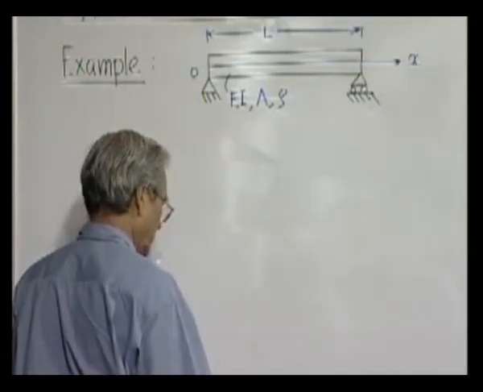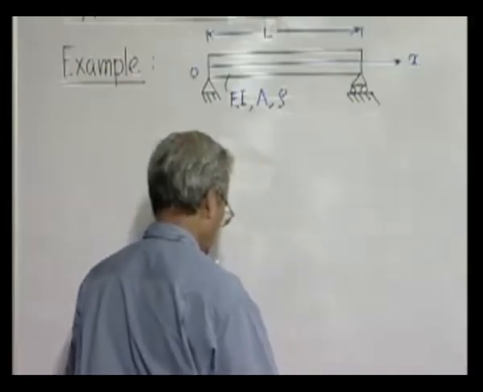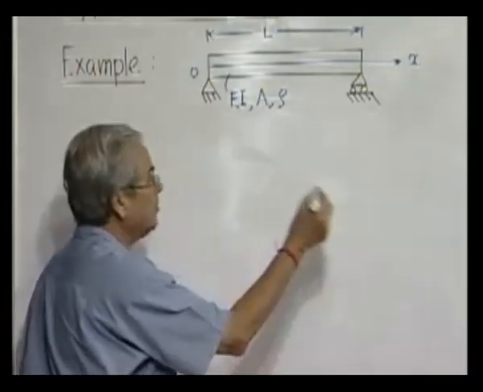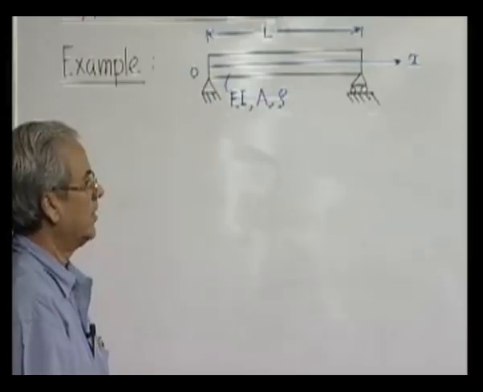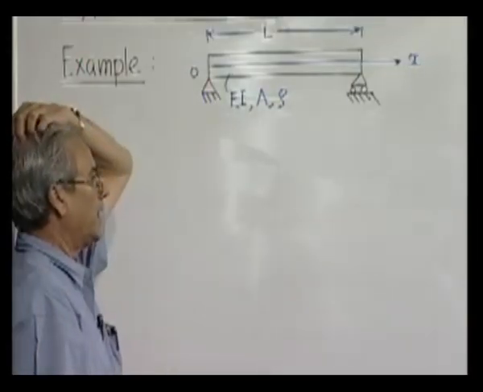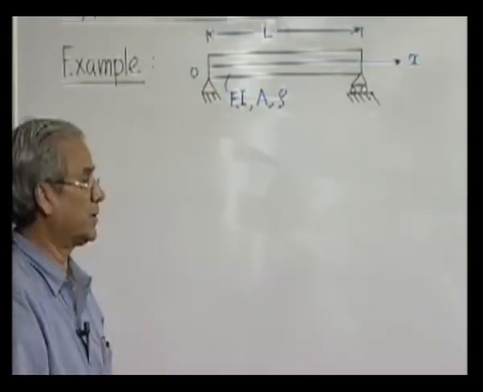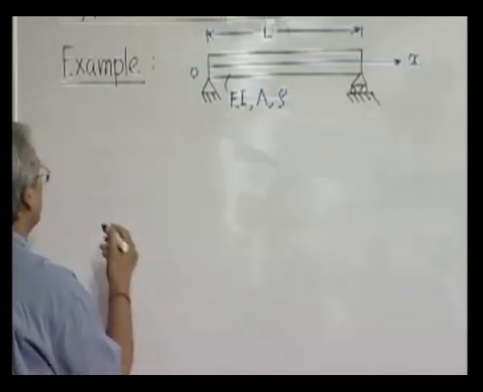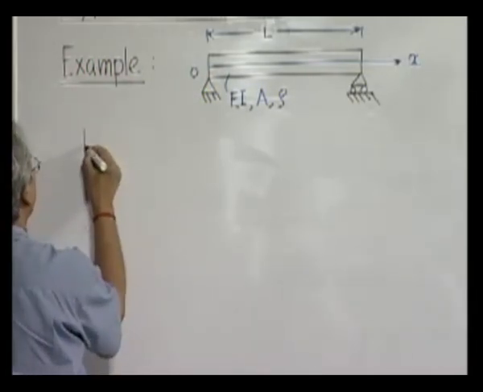So now, what are the boundary conditions? Because the assumed mode shape X(x), or the deformation pattern, has to satisfy as many boundary conditions as possible, and at least the geometric boundary conditions. So the boundary conditions are like this.